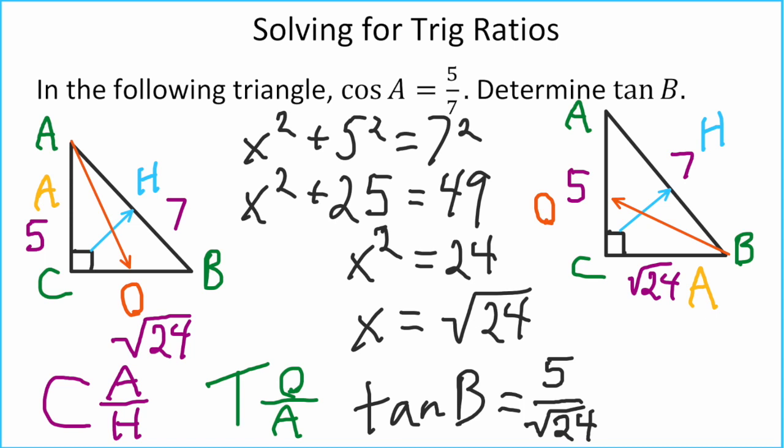So that's an answer. It kind of works, although most of the time math teachers would like you to simplify it and not have a radical on the bottom. So if I multiply the top and the bottom by radical 24 over radical 24, I get 5 radical 24 over 24. Now there is some more simplifying we can do with radical 24, but I'm not going to go over that on this problem at this time.